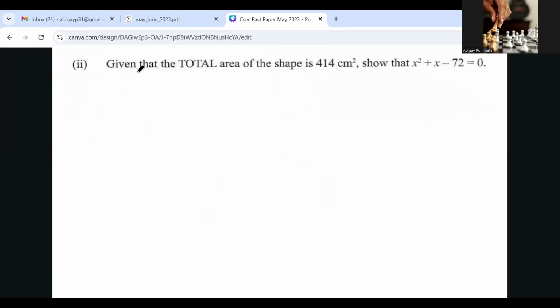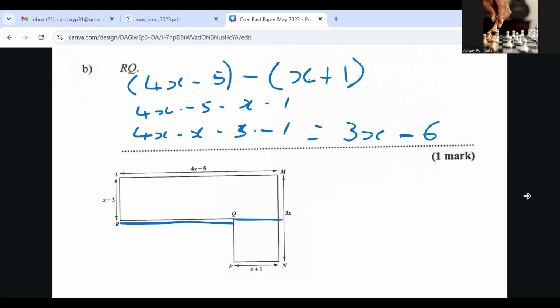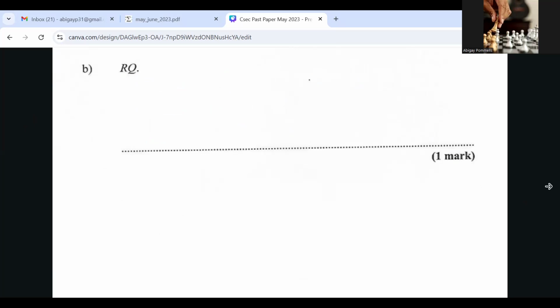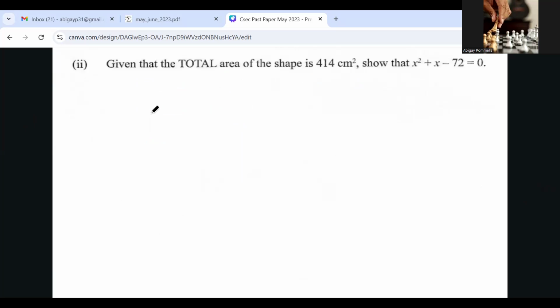All right, so given that, hold on, so if I go back, okay, good, because I was wondering if it wasn't going to show. Given that the total area of the shape is 414 centimeters cubed, show that x squared plus x minus 72 equals 0. So this is a proof.